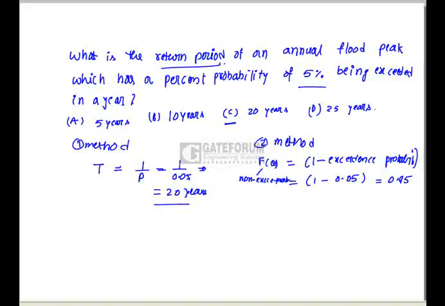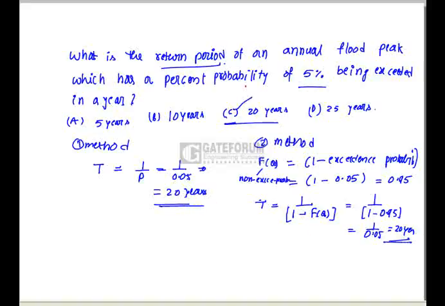So the return period T is equal to 1 by 1 minus non-exceedance probability FQ. It is equal to 1 by 1 minus 0.95, which is 1 by 0.05, that is equal to 20 years. So in these two methods, we get 20 years, and option C is correct.